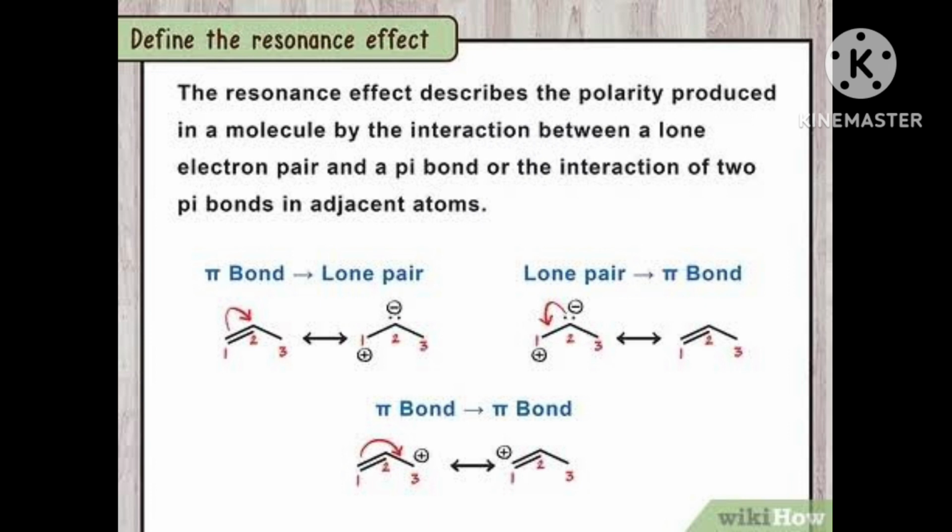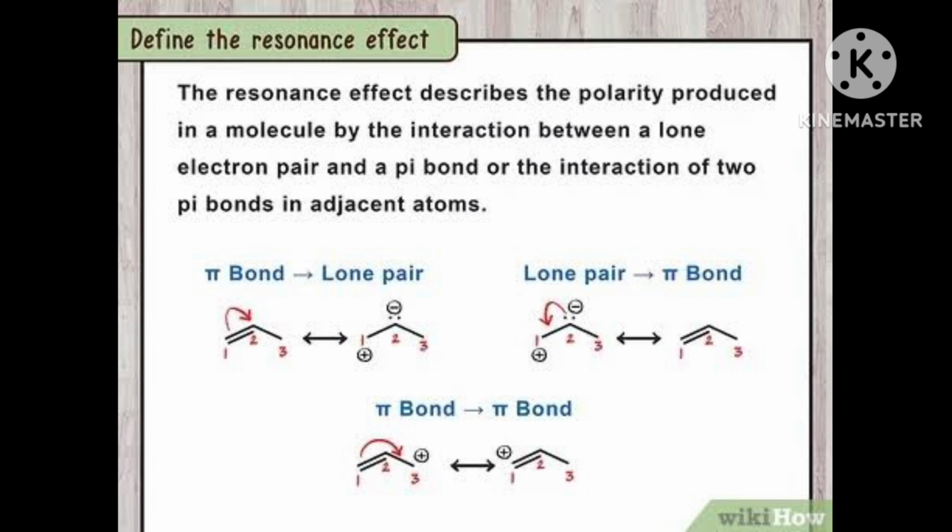Then it can give three more resonance structures. Electron will move. How it will move? I am telling you. In total, four structures will be there. Then now easily you can understand how electron is moving.